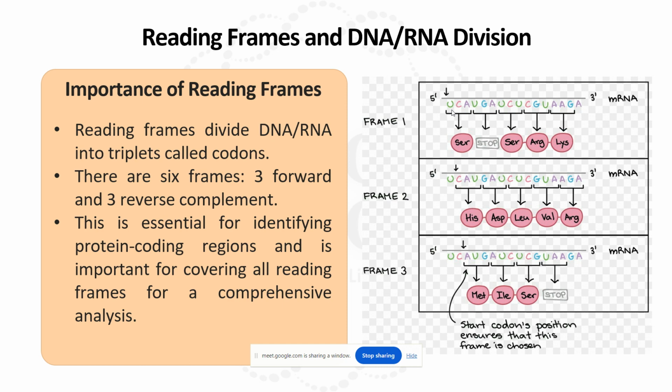Understanding the 6 reading frames is very important, because there are 5 types of BLAST, and when you analyze how each one works and which algorithm it uses, the 6 reading frames are important. In frame 1, it starts reading the nucleotides from the first nucleotide. Here it begins from UCA, UGA.